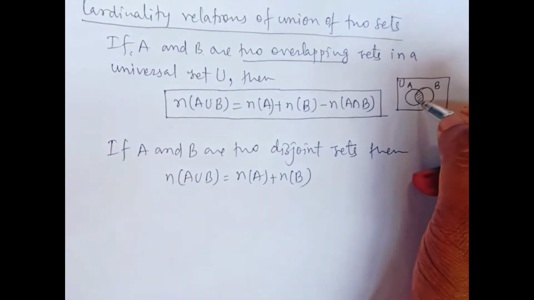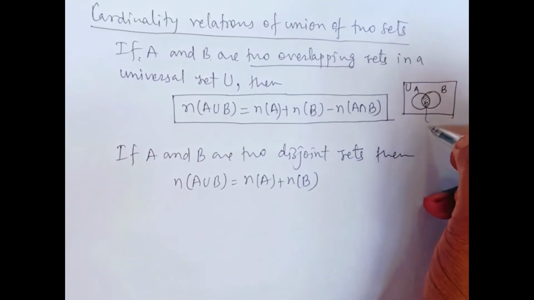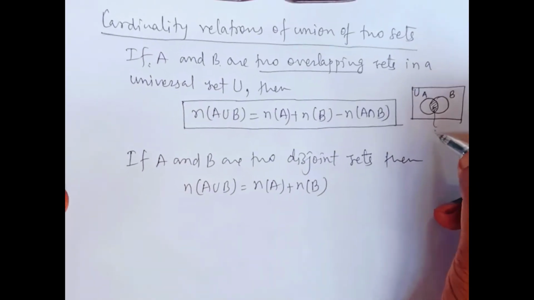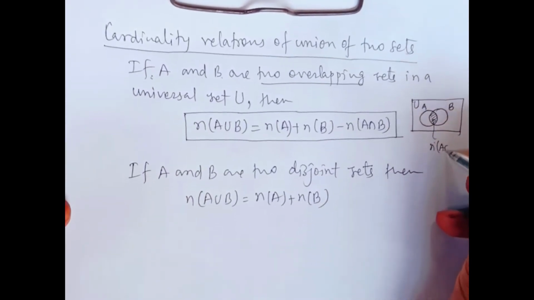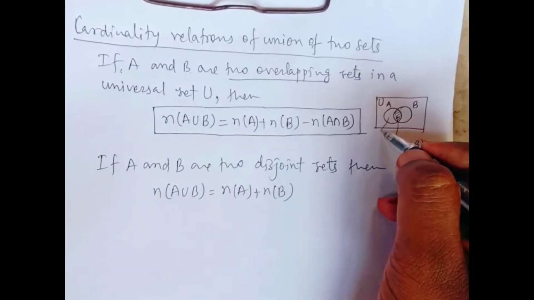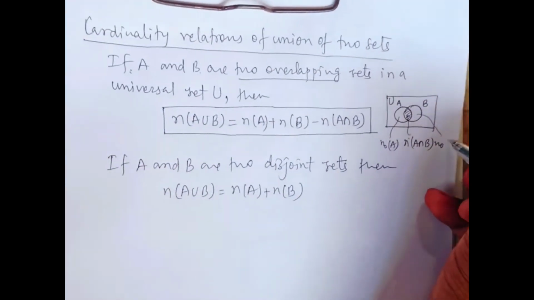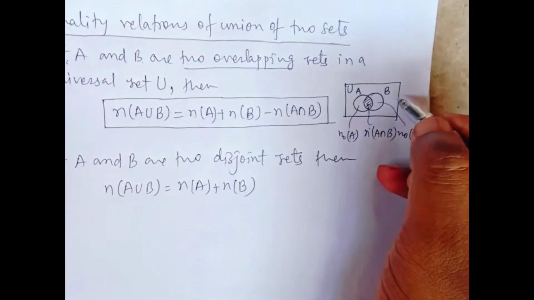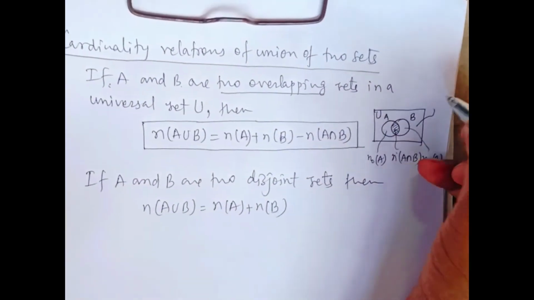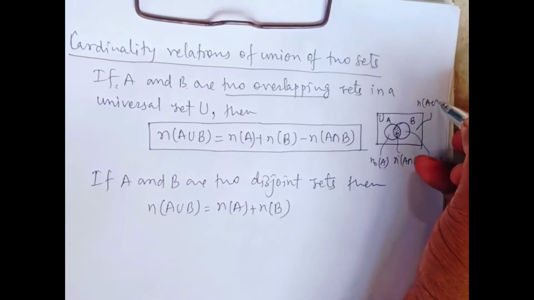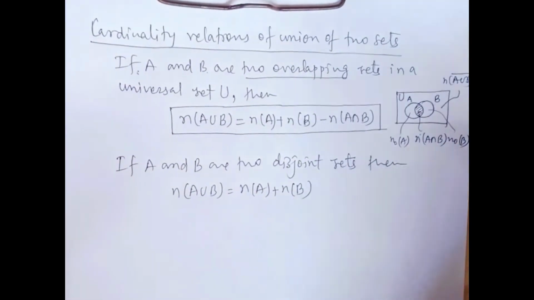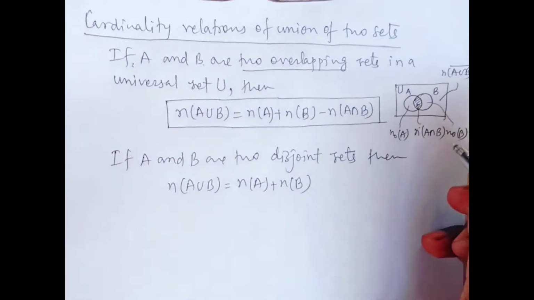This part is known as the intersection part, that is n of A intersection B, and this one is n naught of A, this one is n naught of B, and this part remains n of A union B complement.